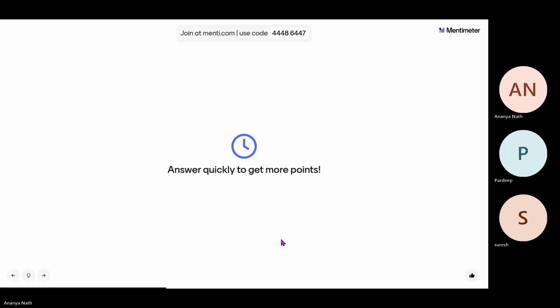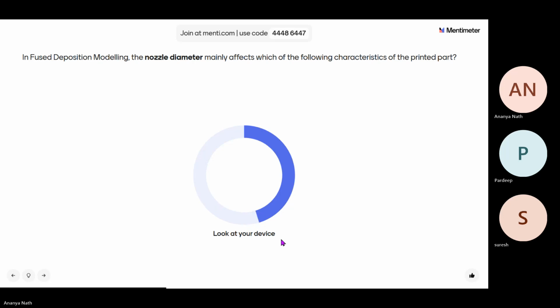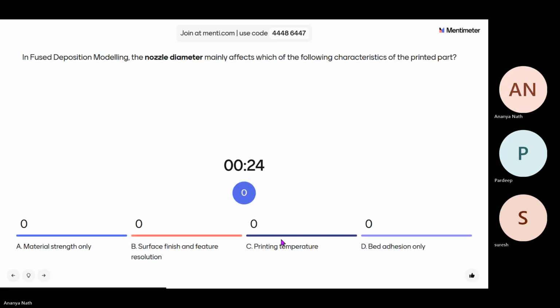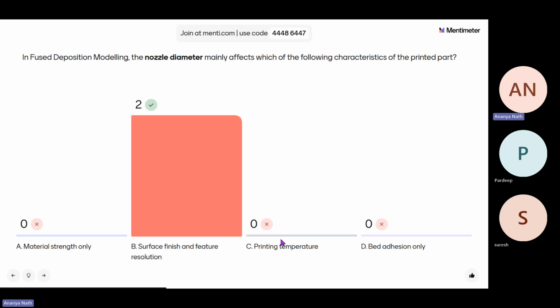Let's go. Eighth question. In fused deposition, the nozzle diameter mainly affects which of the following characteristics? There is one phenomenon done by the nozzle itself during printing to get a very smooth layer, called bead ironing.